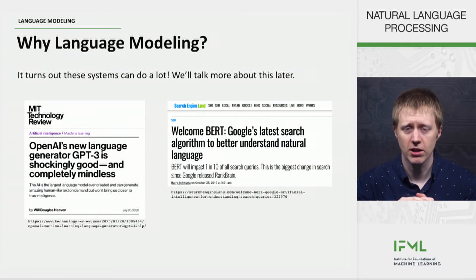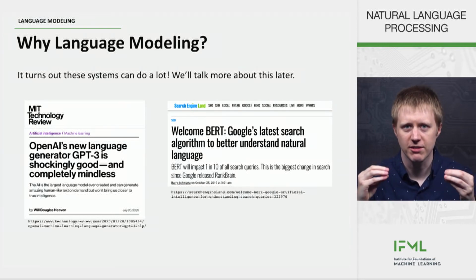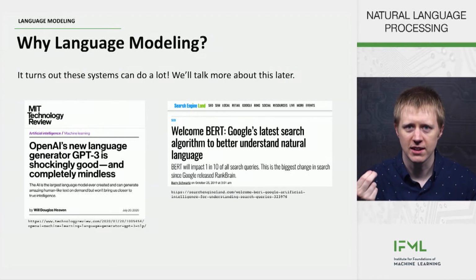We're going to come back and talk about this stuff later, but some of the biggest systems that have come out from, again, this company OpenAI, as well as how Google search works these days, fundamentally use this kind of language modeling as an ingredient in them. And so by understanding this problem, we're going to be able to understand a little bit more about what these systems are doing.